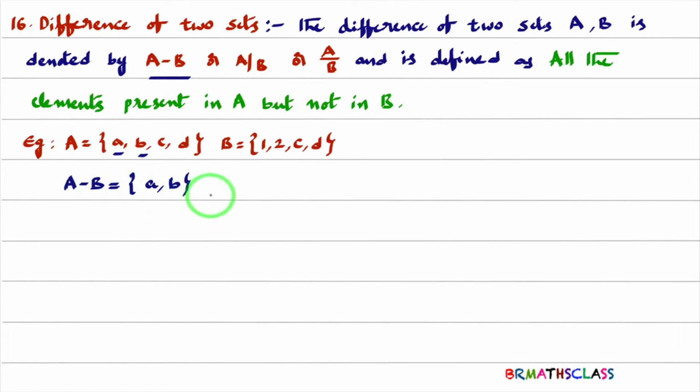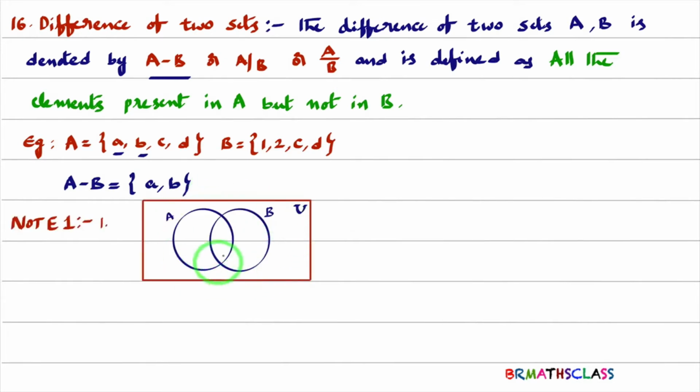Now we will try to understand this more clearly with a Venn diagram. Okay, you observe here, I consider the sets A and B. A minus B, I need to identify in this Venn diagram where is the region A minus B. What is A minus B? A minus B means the elements present in A but not in B. You observe this is the zone which has elements present in A but not in B. Please try to understand.